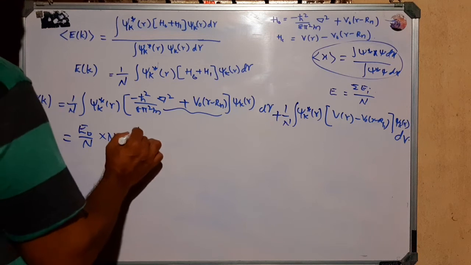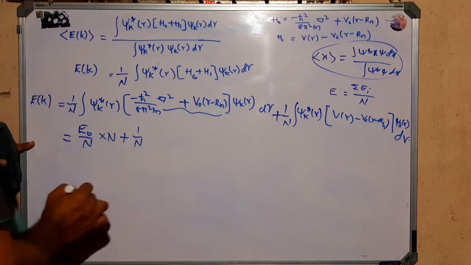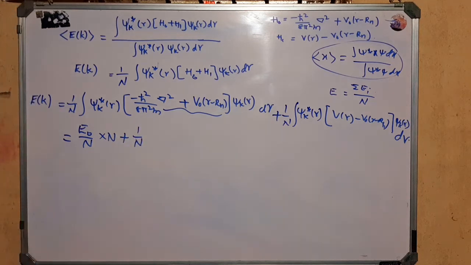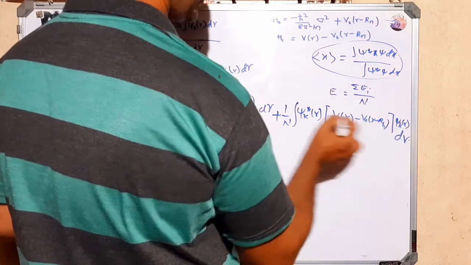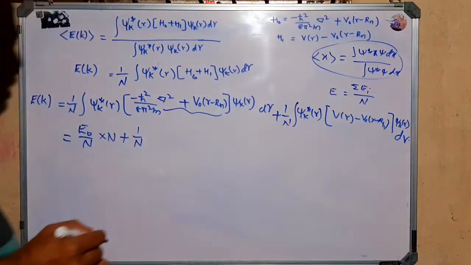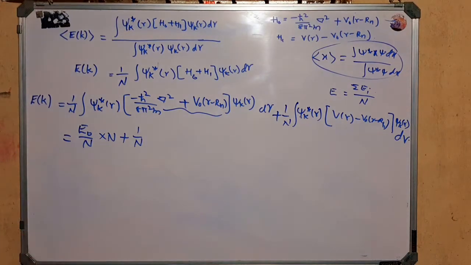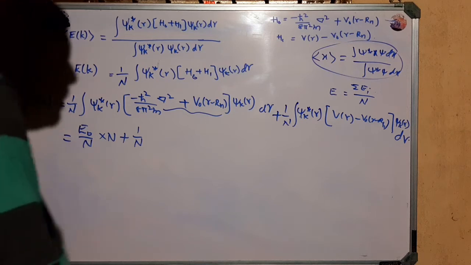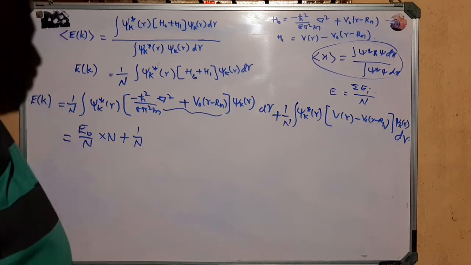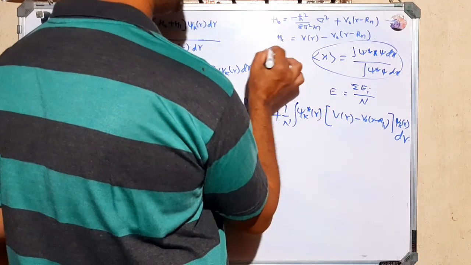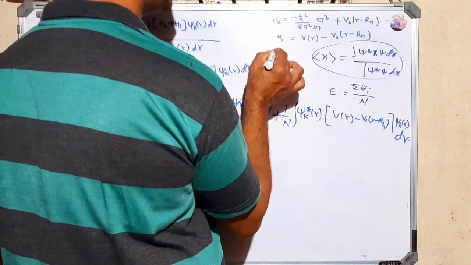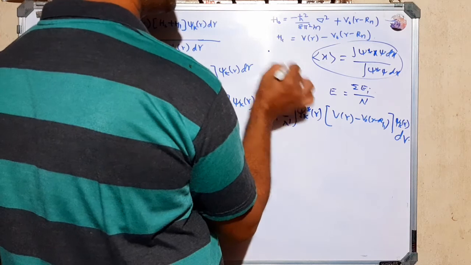Plus 1 by N. Now I am expressing the wave functions. See, ξk(R) and ξk star(R) are complex. ξk star is nothing but the complex conjugate of ξk. That means for every electron, there exists another electron which has the wave function exactly opposite to this.